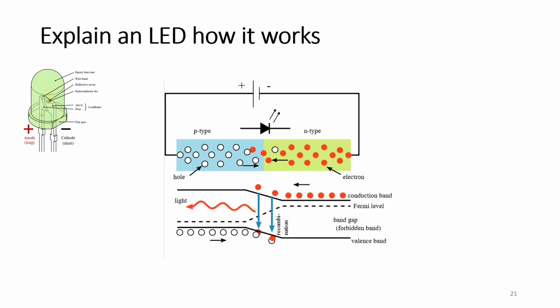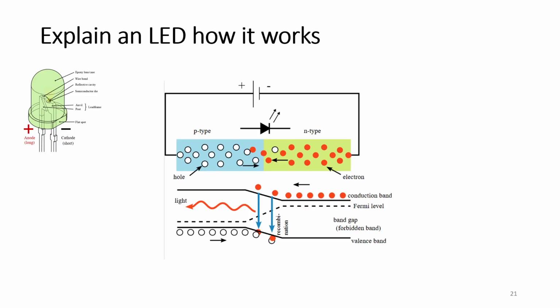Near the junction, electrons and holes meet and interact. This interaction is called recombination. During recombination, an electron from the conduction band of the n-type material fills a hole in the valence band of the p-type material.